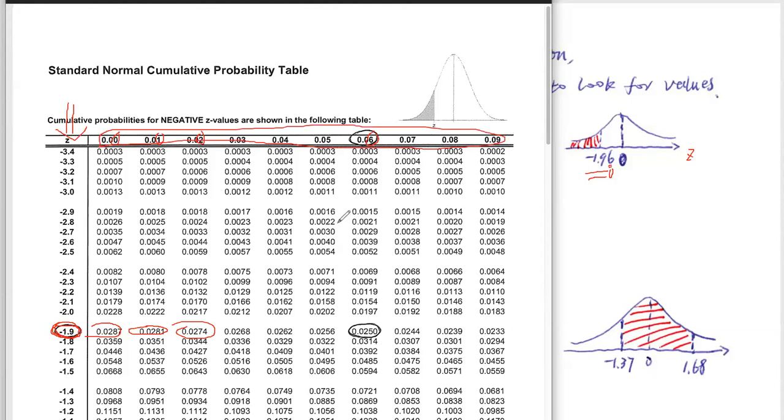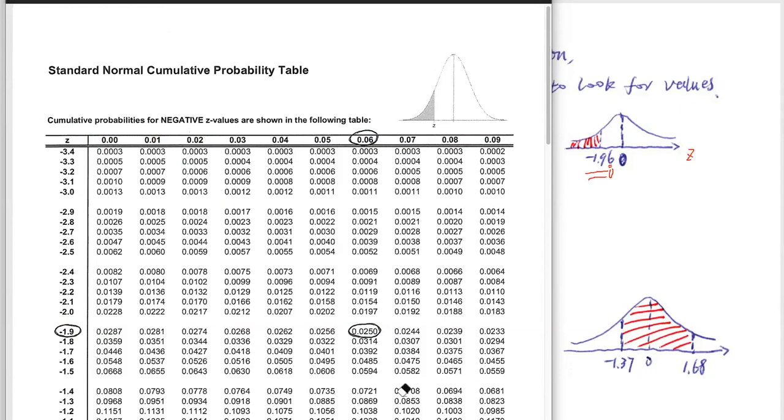So now we are trying to get negative 1.96, corresponding to this number here. Follow me. Negative 1.9 gives me this row, and we choose one number from this row. Out of those numbers, which column we should choose depends on the 6, the second digit, because we have 0.06. That matches this column here, giving us the probability 0.025.